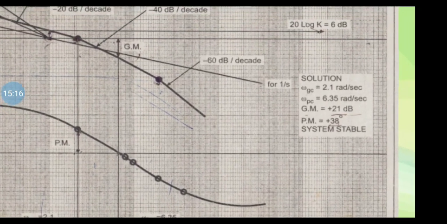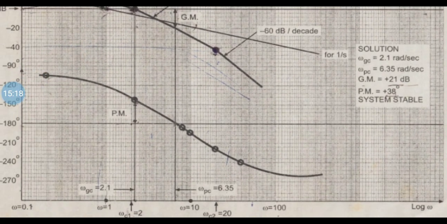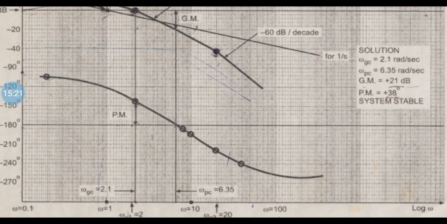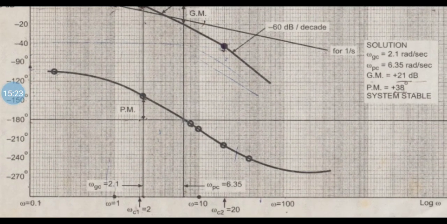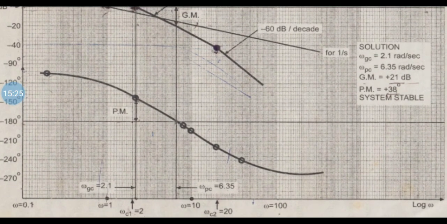Whatever is the difference between minus 180 degrees and where that line crosses the phase plot, that is the phase margin. I think this is minus 180, this is minus 150, above that some 30, so plus 38 degrees. As it is above minus 180 degrees, it should be taken positive. So this much will be plus 38 degrees.